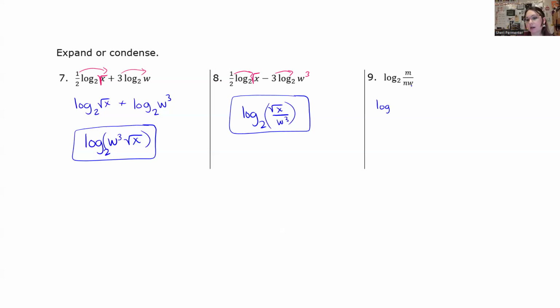So log base 2 of m minus log base 2 of n, because it's in the denominator, and also minus log base 2 of w. Anything that shows up in the denominator has to subtract. And I don't have any exponents, so I'm fully expanded.